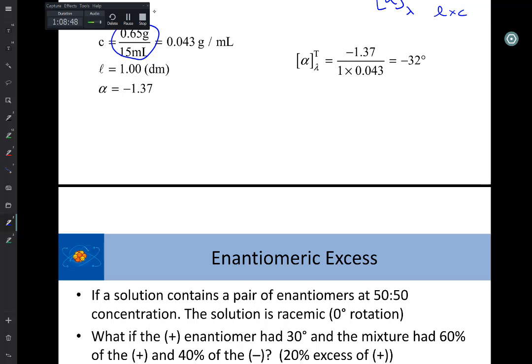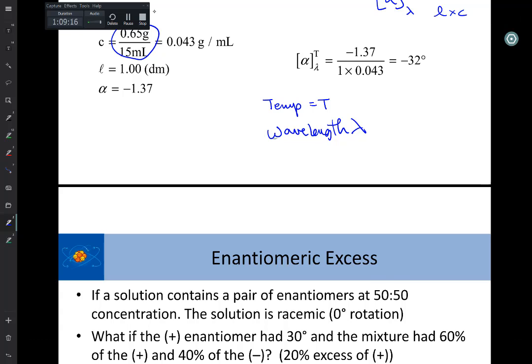Yeah, so a couple other things. These numbers all depend on temperature and wavelength of light. So you always have to specify the wavelength.